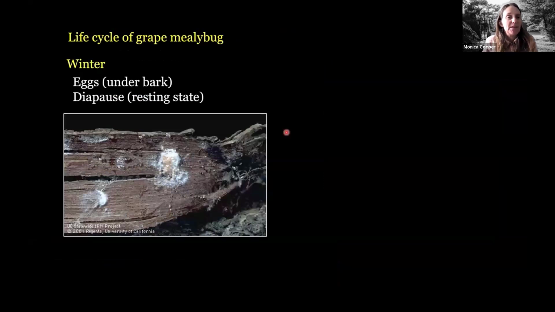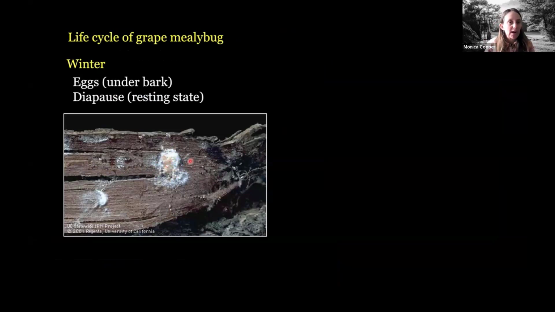So I'd like to go through the life cycle of the grape mealybug because it's hard to manage something that you don't understand, right? So that's the first step in IPM, is to be able to identify the pest and then understand the life cycle. So in the wintertime, right now, probably those eggs are getting ready to hatch, but what we have in the vineyard are eggs that are under the bark.